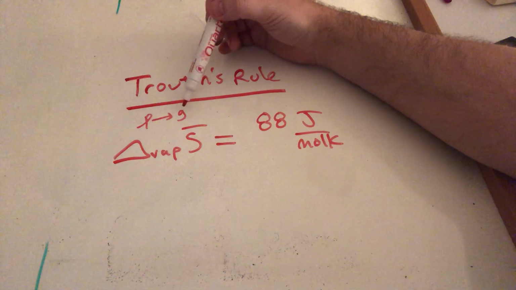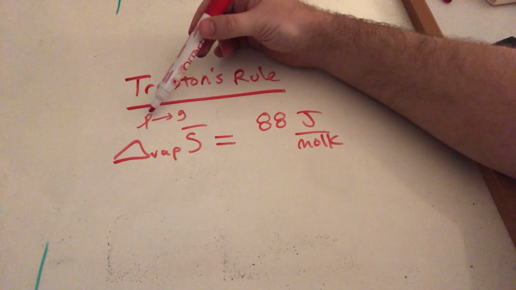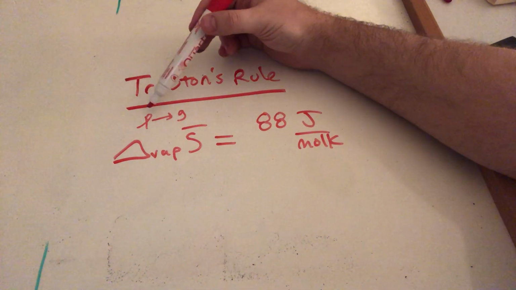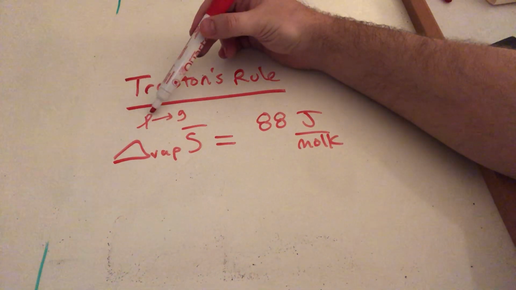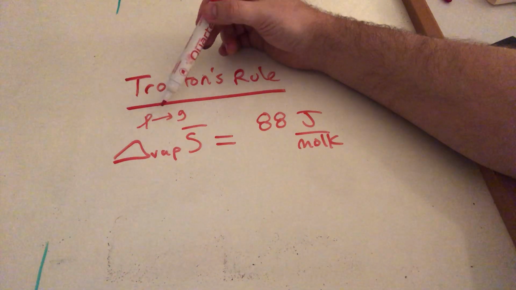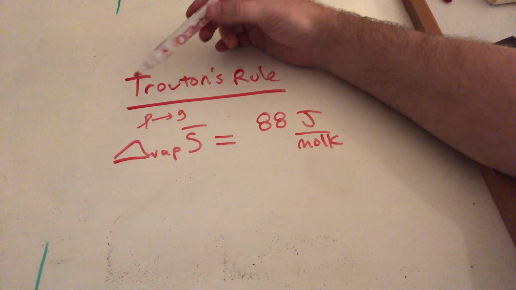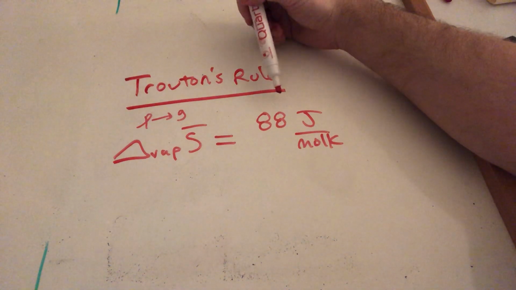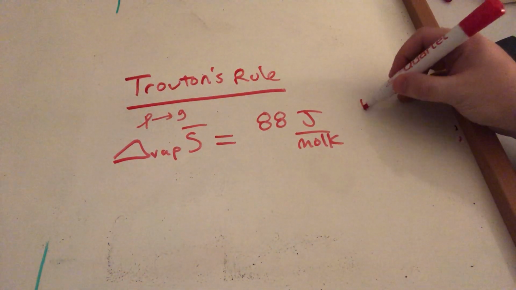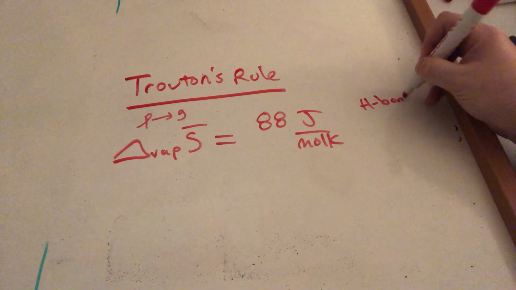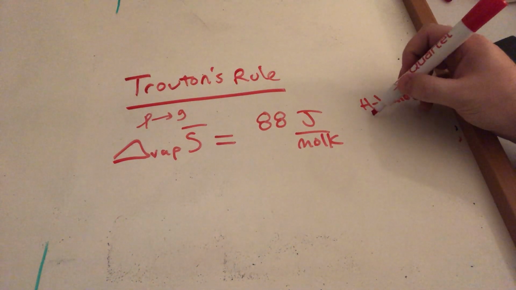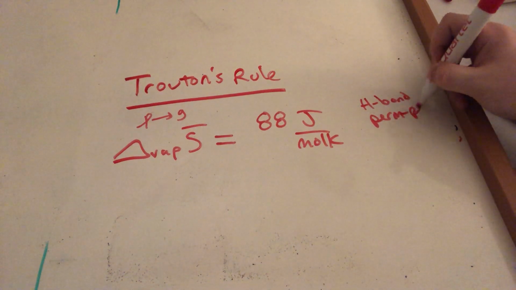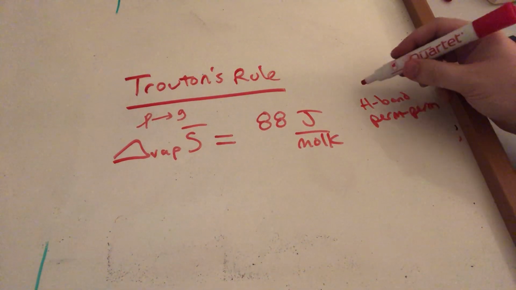So Trouton's rule works for situations where these liquid interactions are fairly weak. So when you have van der Waals interactions, induced interactions, weak permanent dipole interactions, you get about the same value every time. This does not work if you have hydrogen bonding situations like water or if you have strong permanent-to-permanent dipole interactions.